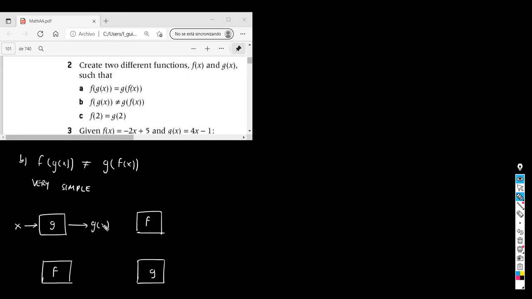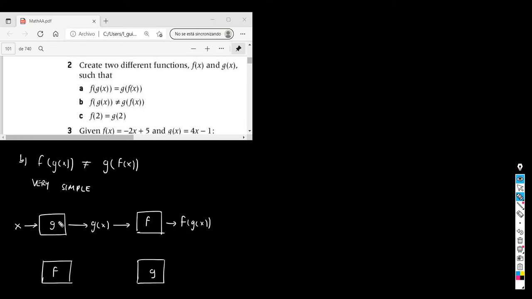Then this output of g is given as an input to f, and therefore f gives you the output f of g of x. So that's what we understand by function composition.